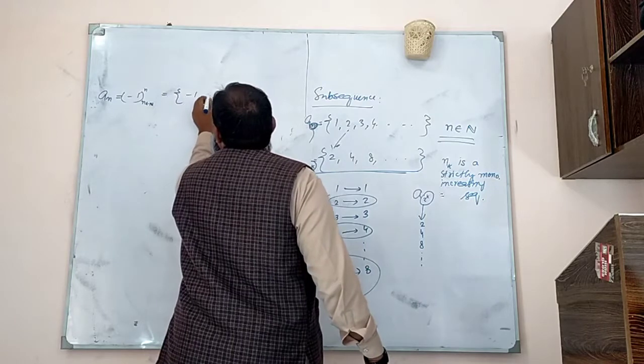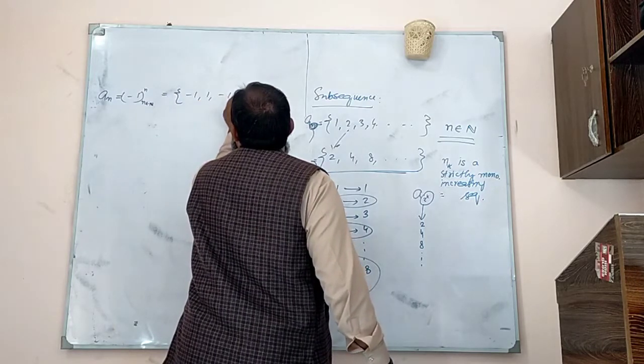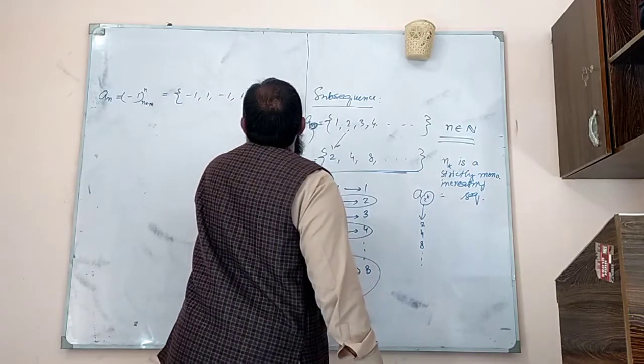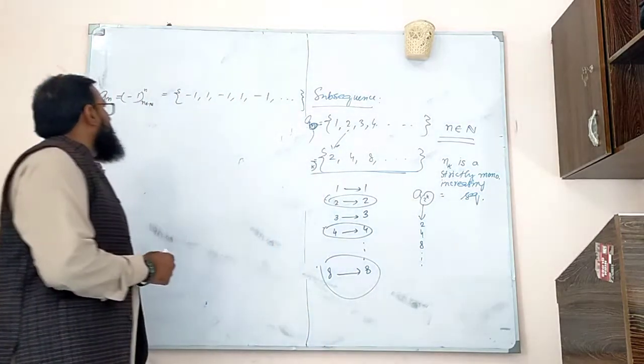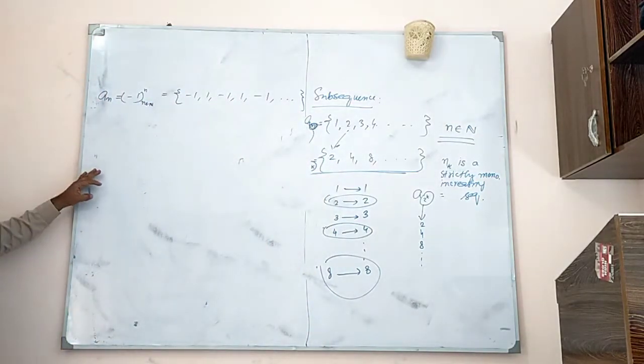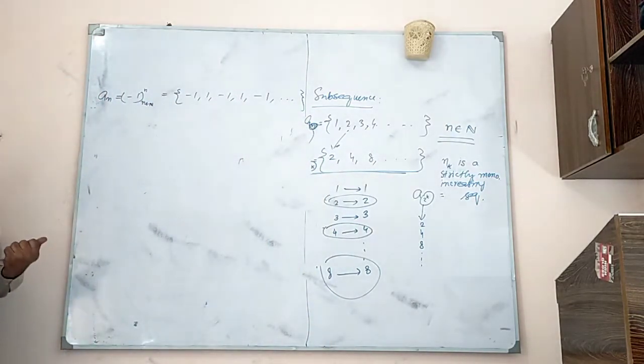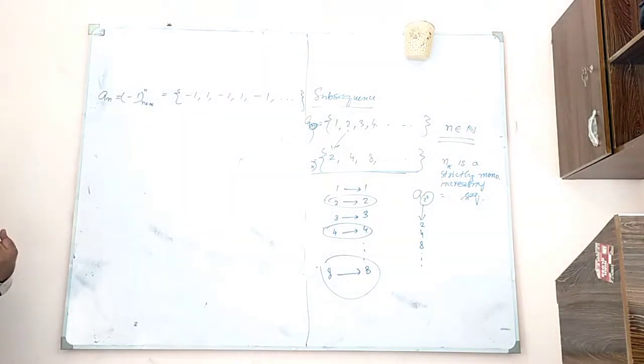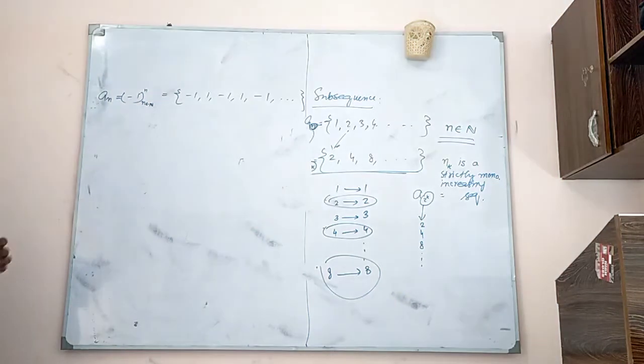The first terms would be minus 1, plus 1, minus 1, plus 1, minus 1 and so on. The question is, is this a sequence? Yes. Is this a convergent sequence? No. Is this a bounded sequence? Yes.